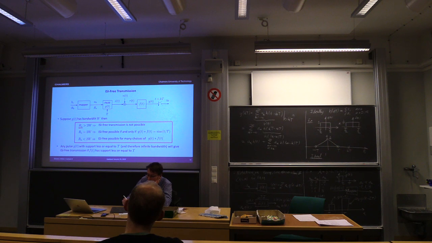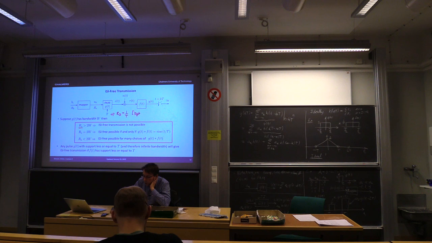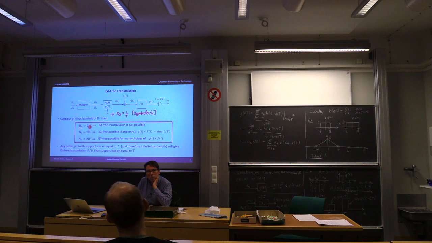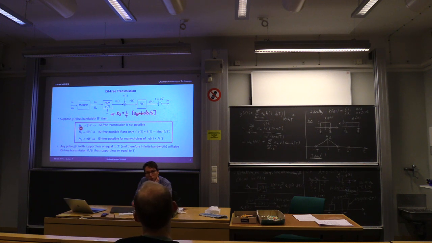If the symbol rate, which is determined by T, so the symbol rate is 1 over T, and it's measured in symbols per second, exceeds twice the bandwidth W, okay, so think of it that we fixed the bandwidth of the pulse here, and we change the symbol rate. If it's too high, that is greater than twice the bandwidth, then there is no way we can have intersymbol interference-free transmission. Okay. So that's unfortunate.